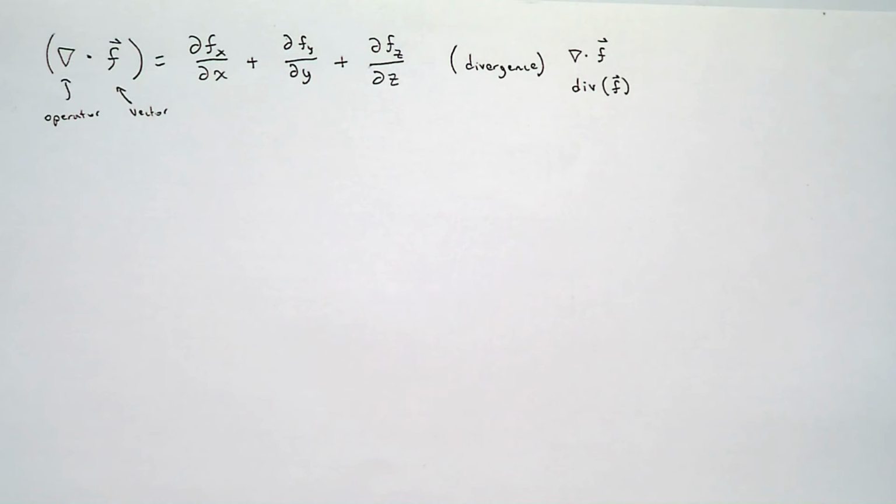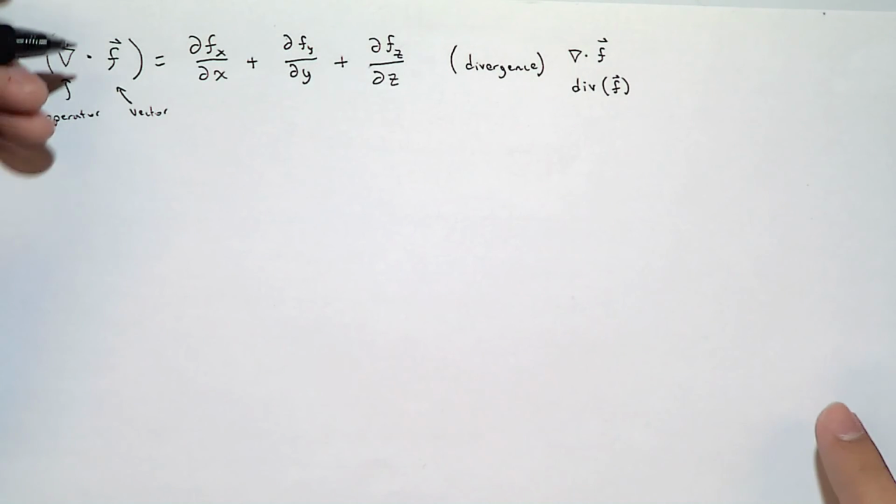In fluid mechanics, a very common thing we're going to see is a divergence of the velocity field. Because the divergence of the velocity field tells us the relative change in those three dimensions. And that essentially tells us whether the fluid is deforming or not. If a fluid is deforming, the greater the deformation, the higher the divergence.